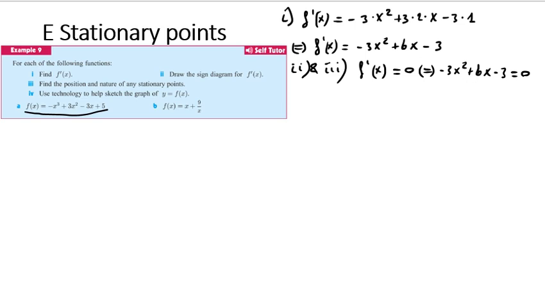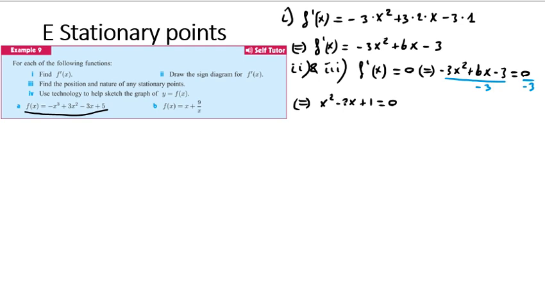Or we can divide both sides by minus 3. In that case, the left hand side will become x squared minus 2x plus 1, and the right hand side is equal to 0, because 0 divided by minus 3 is still 0.